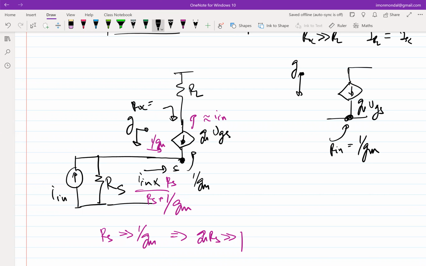Your ro is infinity. It's a voltage controlled current source. Looking in this impedance is infinity. Correct? Which means that I can simply connect that RL at the drain. If I simply connect that RL at the drain, I should be able to push all the current of I in into RL. Now you keep on changing RL, it doesn't matter. It will always get the value of I in.